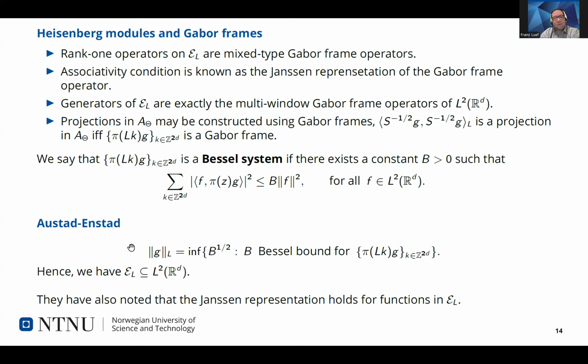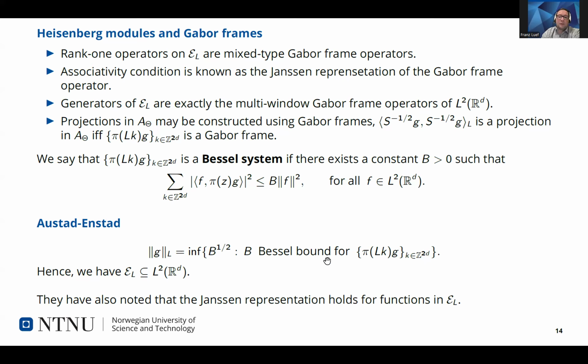And it was noted by Austad and Enstad that there's another way of writing down this matrix as this norm condition for the Heisenberg module, namely as the least Bessel bound, the square root of the Bessel bound for such a Gabor system.